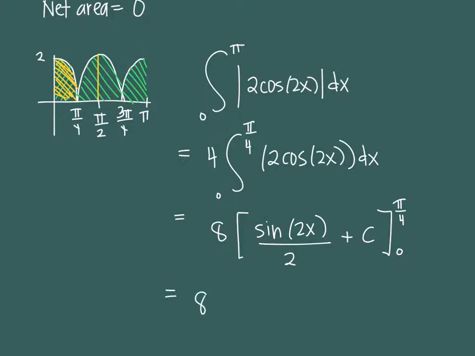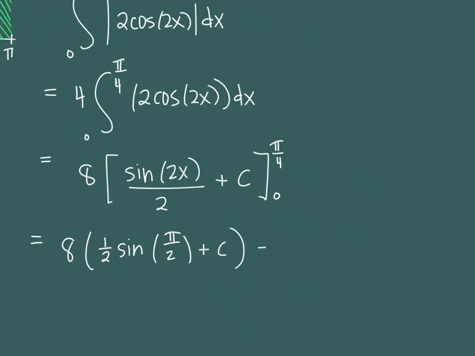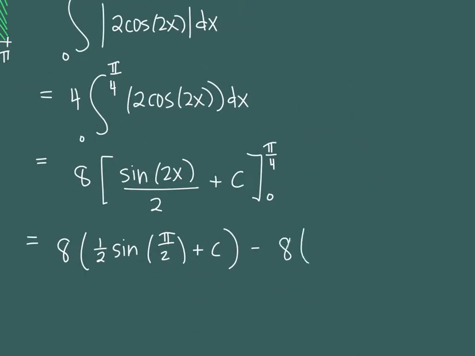So now we've got 8 times 1/2 sine of pi halves plus c, because that's 2 times pi fourths, minus 8 times 1/2 of sine of 0 plus c.